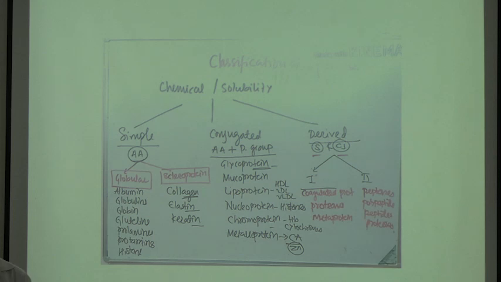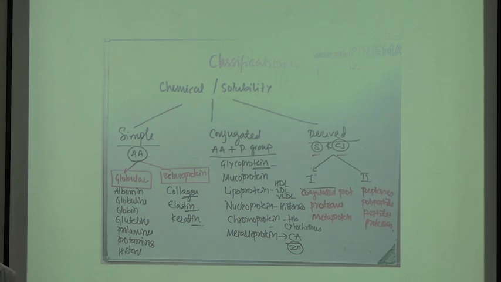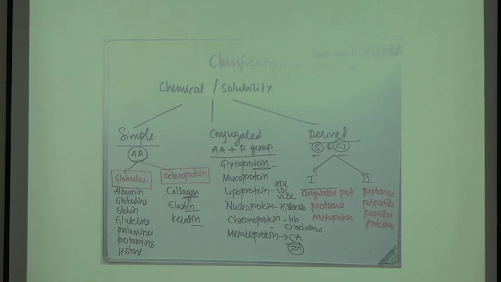Now, in glycoprotein, if carbohydrate moiety is less than 4%, it comes under glycoprotein, and if it is more than 4%, it comes under mucoprotein. Example of mucoprotein is mucin of saliva.